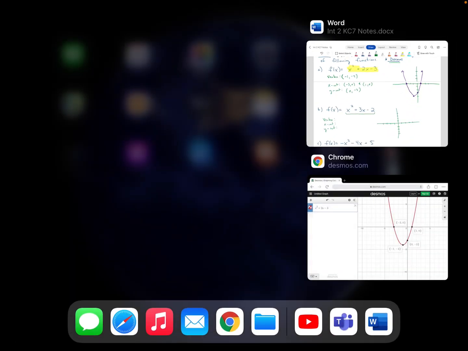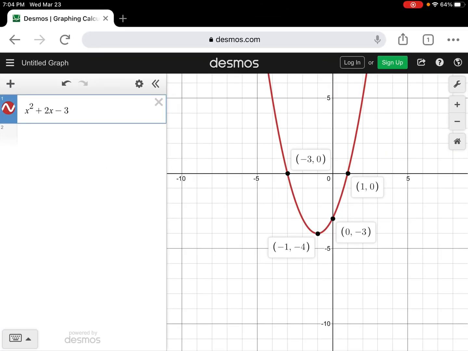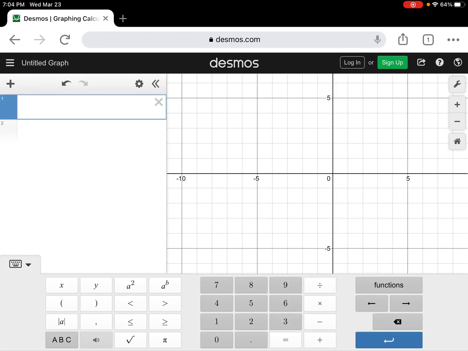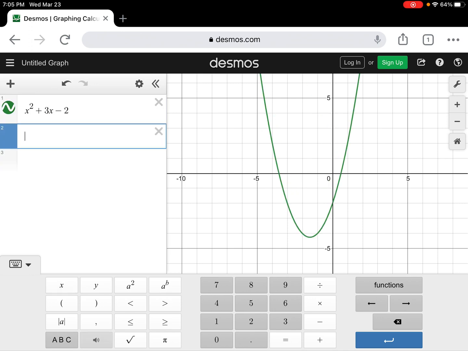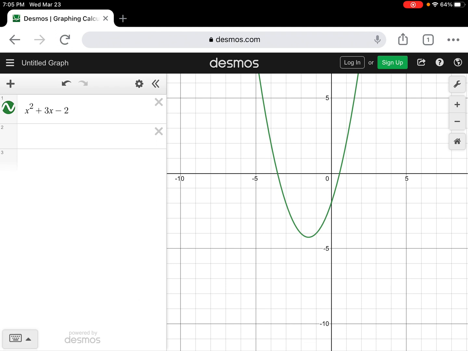So I'm going to go back to Desmos. I can erase this function and plug in x squared plus 3x minus 2. Okay, so here is my function. I can click on the graph and I have points on here.